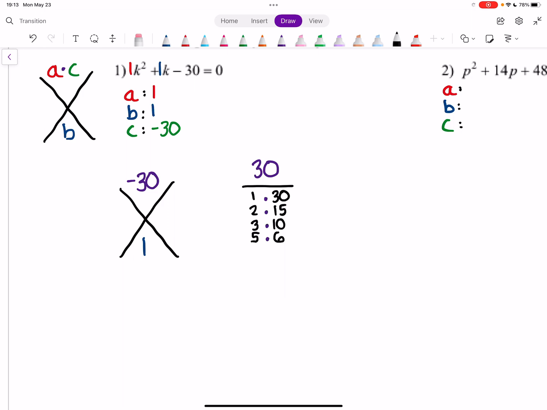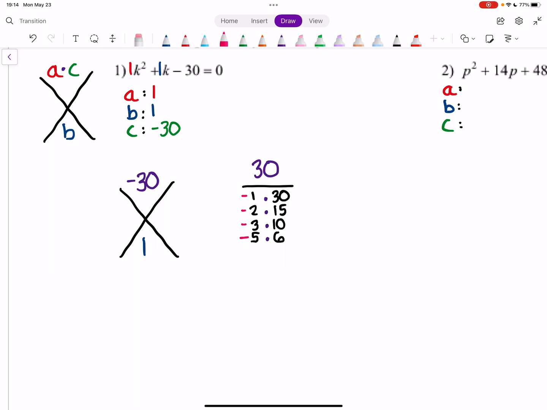Now, keeping in mind that the 30 is negative, I need two numbers that are going to multiply to get the top and add to get the bottom. So that means one of them has to be positive and one of them has to be negative, right? If the top number is negative, one's going to be positive and one's going to be negative. I know that the smaller number is going to be negative because I need to add to get a positive. So that means these smaller numbers here would be negative.